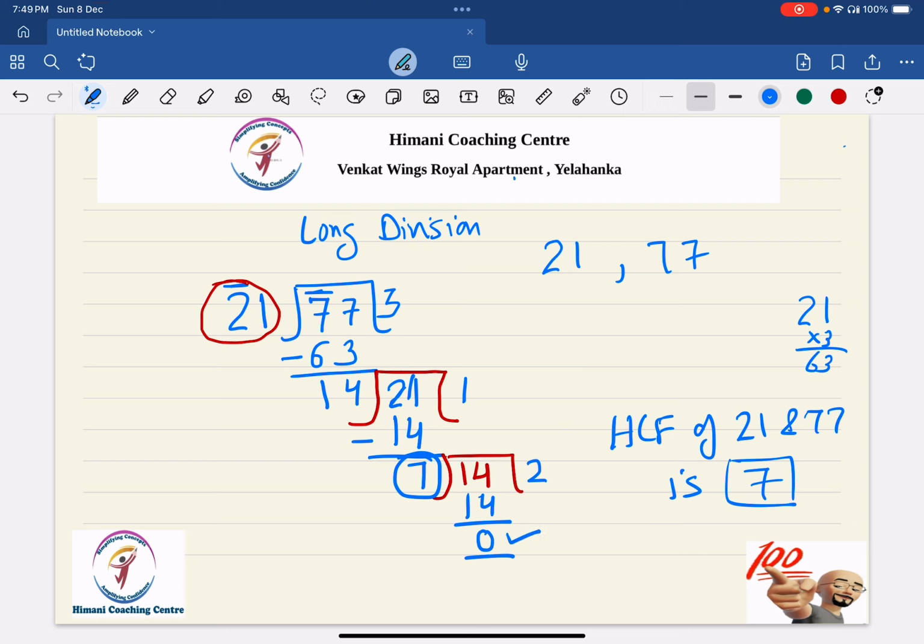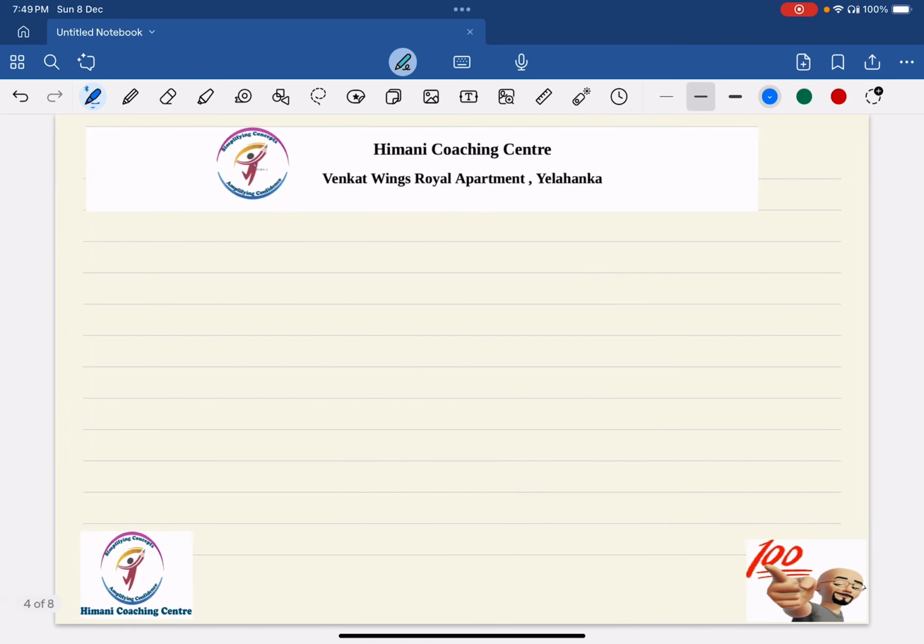So this is how we find the HCF of two numbers, in fact more than two numbers also, by the long division method. Now let us take one more question.